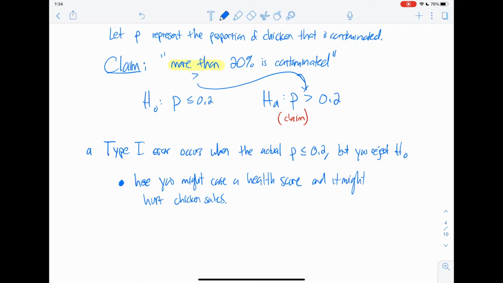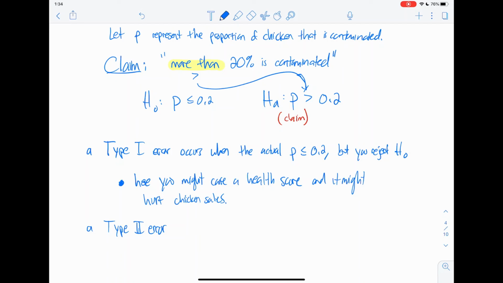What is the other type of error, though? Let's see. A type 2 error occurs when actually the proportion of contaminated chicken is larger than 0.2. However, you chose not to reject the null hypothesis.